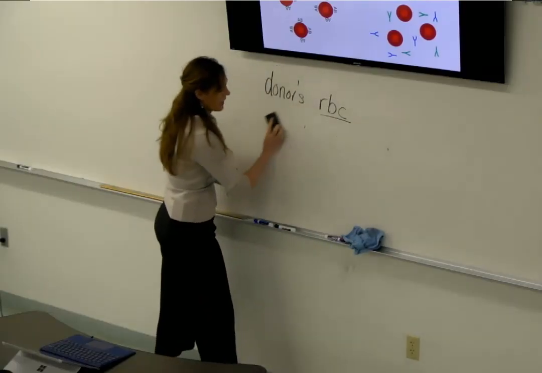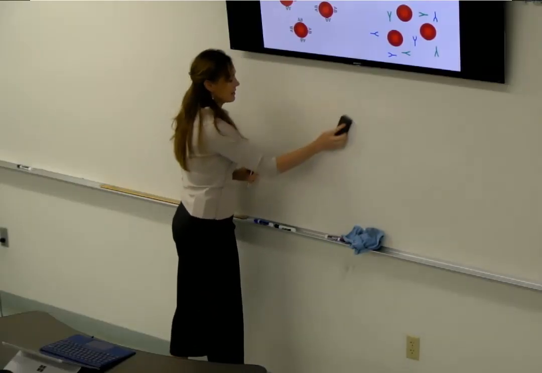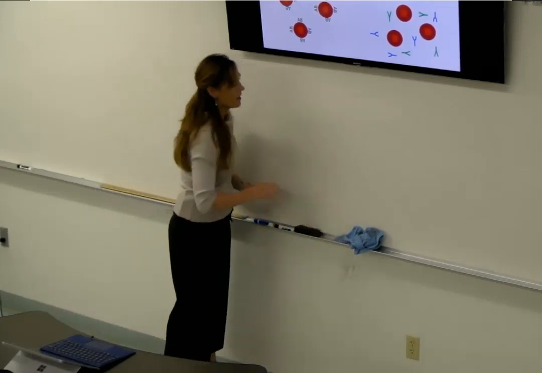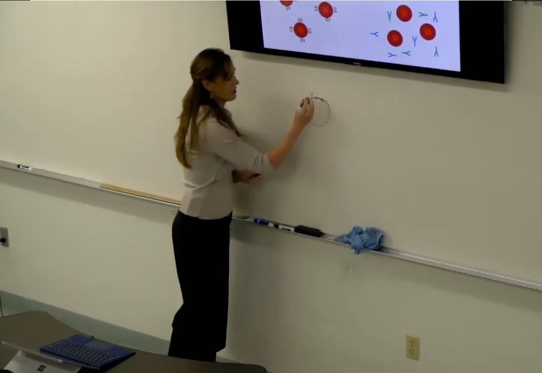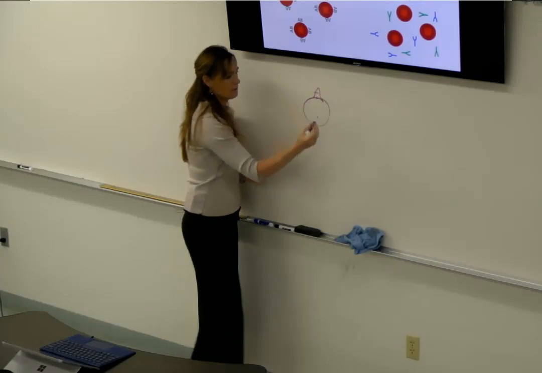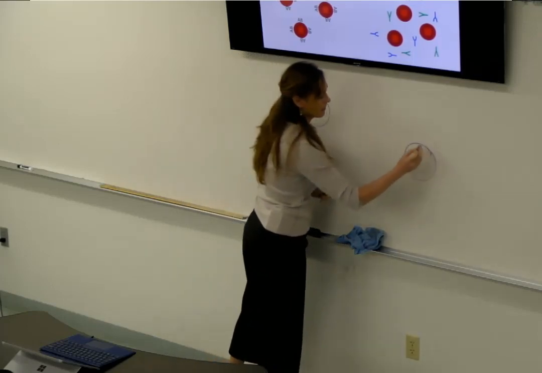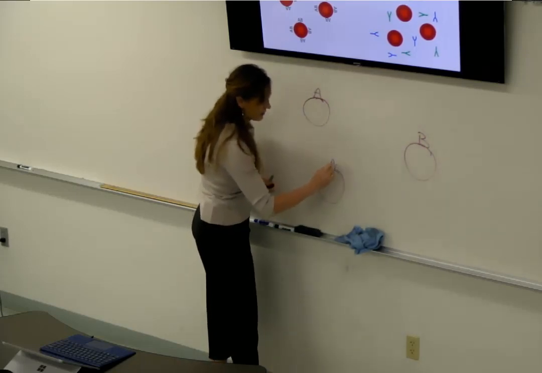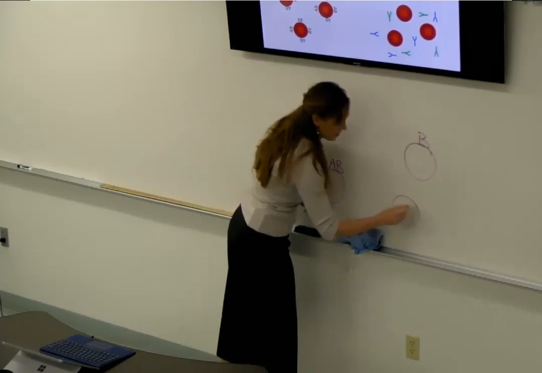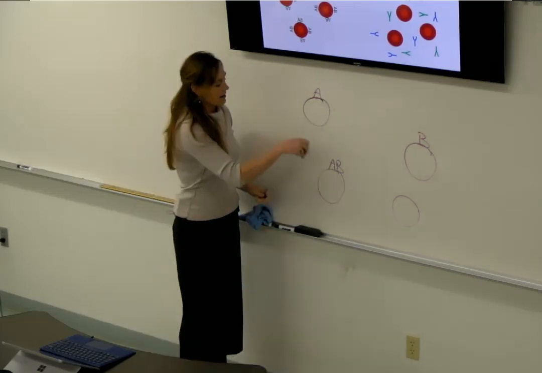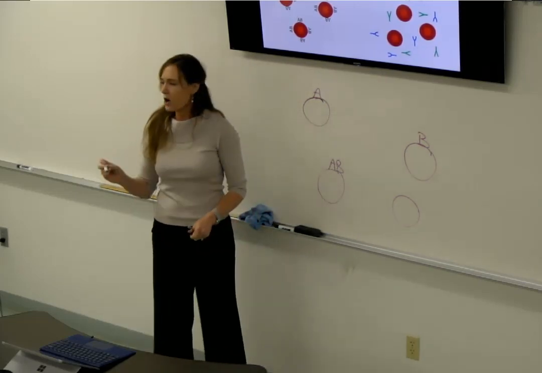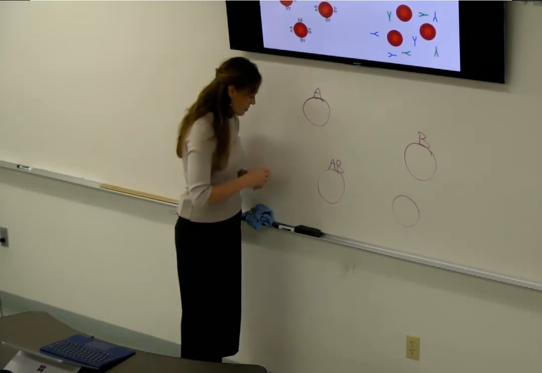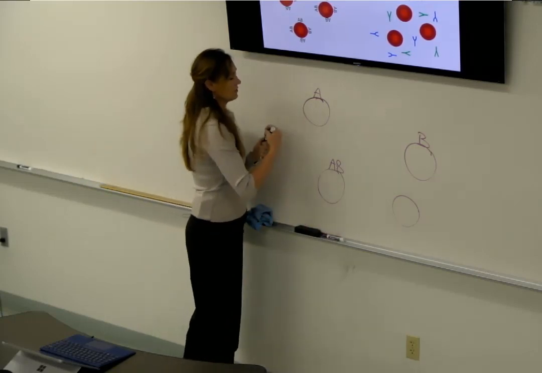The RH element is something different, but similar. So if we have a red blood cell here with the A surface marker, and a cell over here, say this one's got the B, this one over here we'll say is AB, and we have O, and we have the antibodies in the plasma. The RH factor is another surface marker.